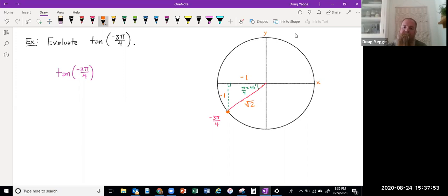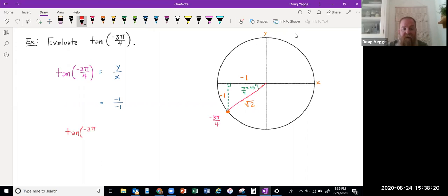So in order to compute a trigonometric function here, all we're doing is drawing our reference triangle and realizing the tangent is y over x. Well, in this case, the y coordinate is -1. The x coordinate is also -1. So that must imply the tangent of -3 pi over 4.